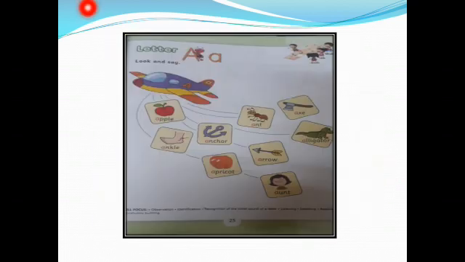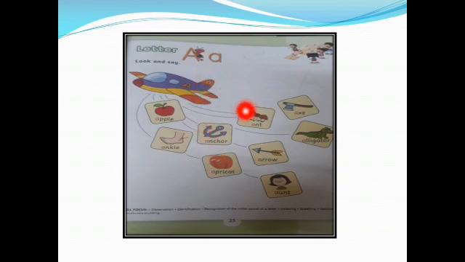Now, from Literacy Skills Workbook on page number 25, there are few more pictures associated to letter A. Now tell me, what does letter A sound like, children? Very good. A sounds A. A. Apple. A. Ankle. A. Anchor. A. Apricot.